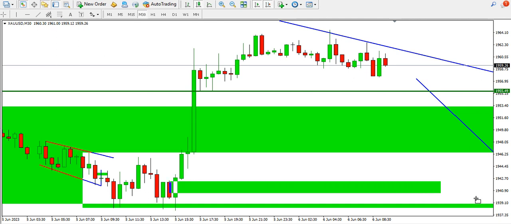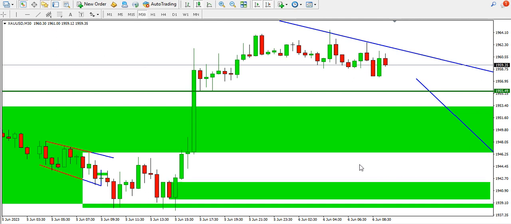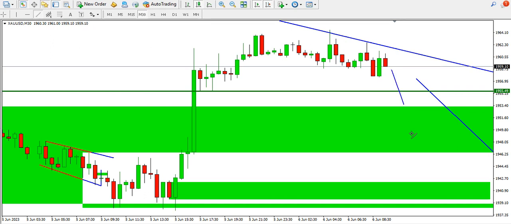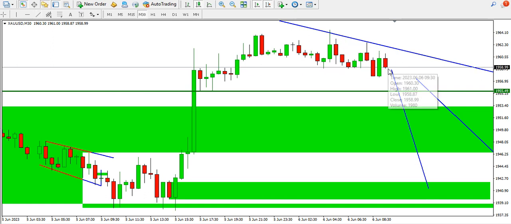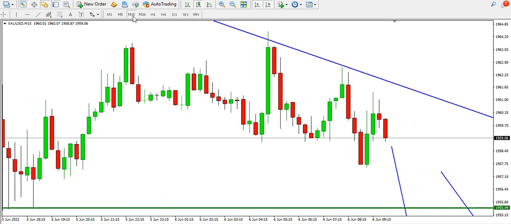So we might see a drop to this point. The 1940 level is a likely target if the bears are able to step in and push price downward.